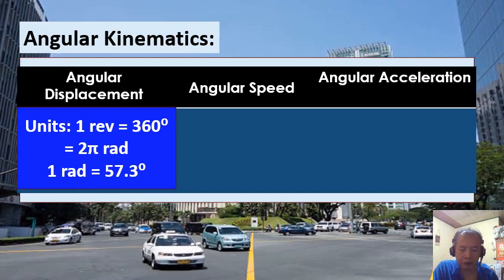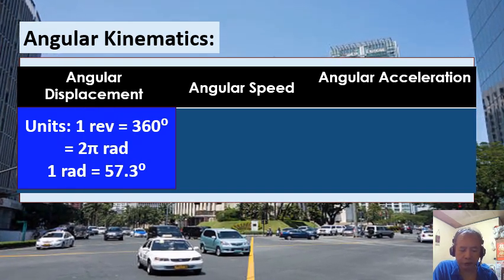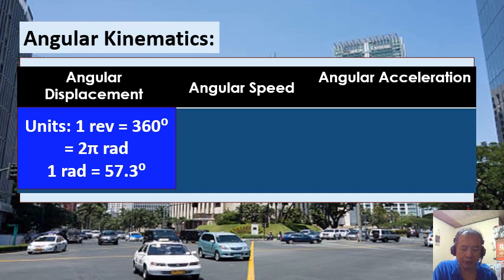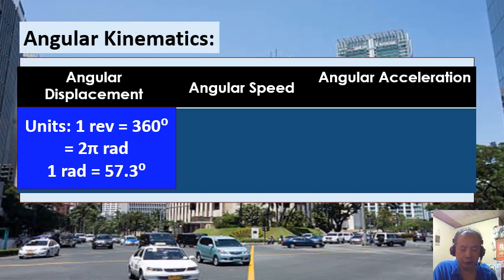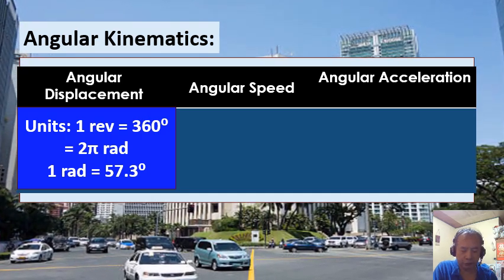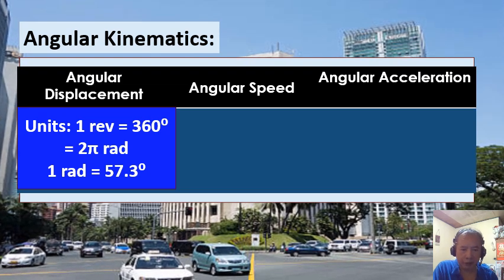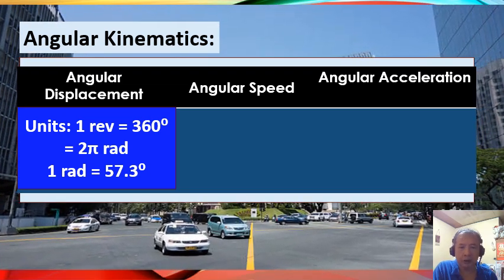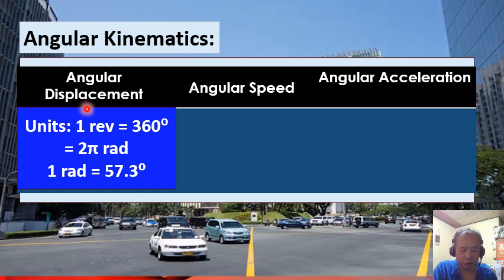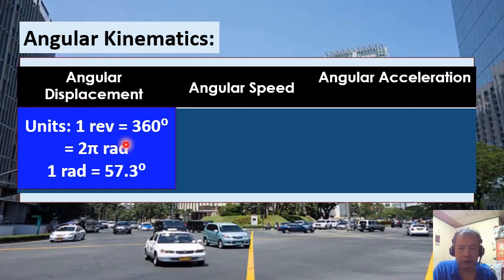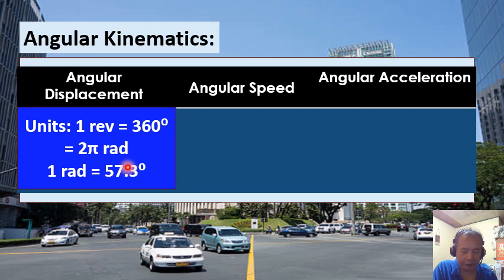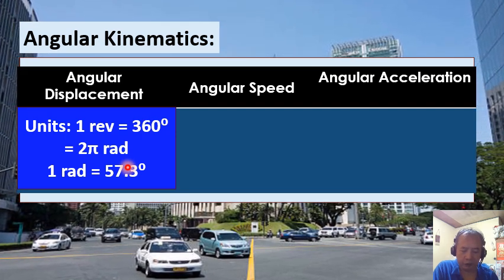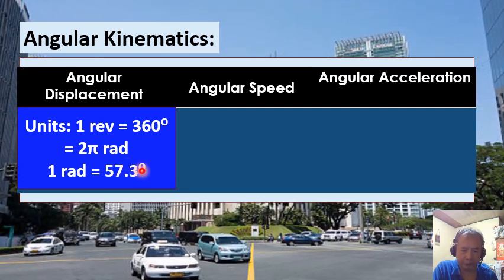We also pay attention to the different units of measure used for the angular displacement, speed, and acceleration. Angular displacement is commonly measured in revolutions, degrees, or radians. The conversion equivalents are given here.